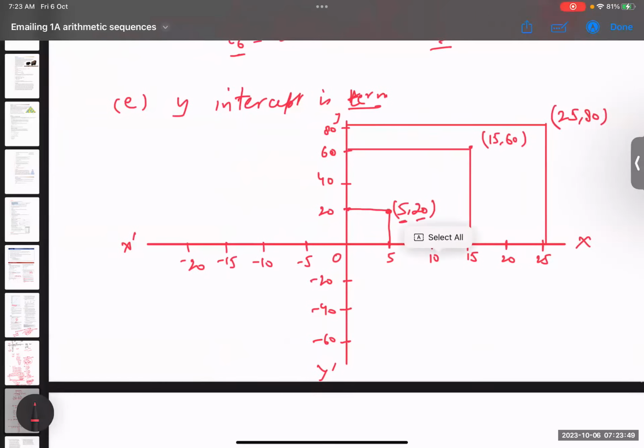Listen. Then tell me the point. -10 and -40. -10, -40. What about this point?